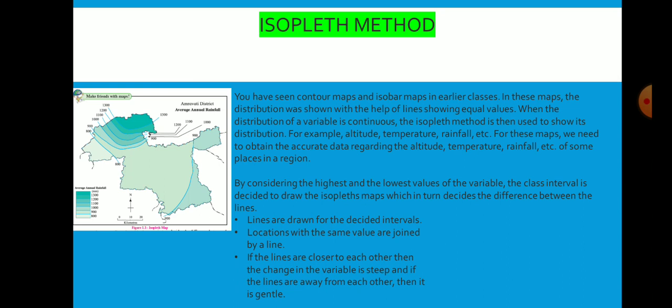First, by considering the highest and the lowest values of the variable, the class interval is decided to draw the isopleth maps, which in turn decides the difference between the lines. Lines are drawn for the decided intervals. Locations with the same value are joined by a line.